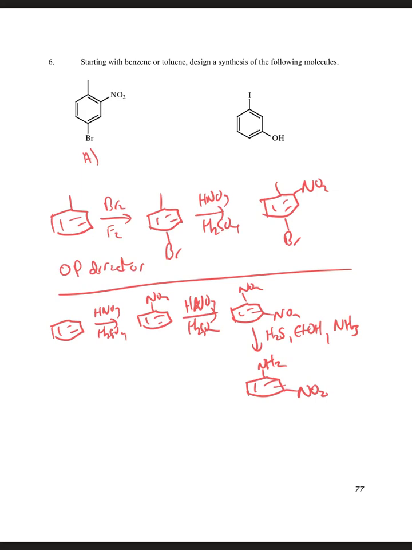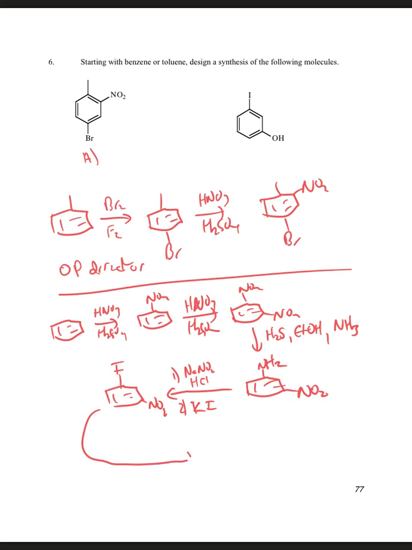So we get that, and then that we could react with NaNO2 and HCl followed by KI, to give us the iodide and the nitro.